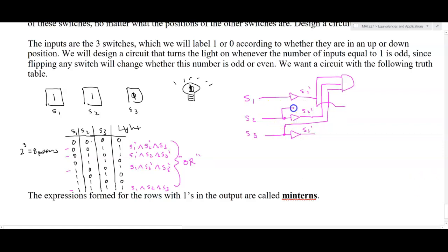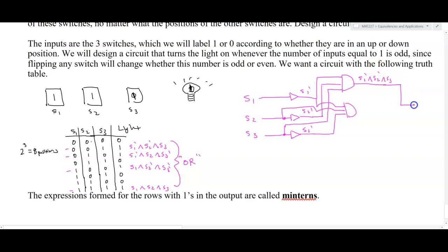And again, I'm going to drag that out over here. You can see it's getting kind of messy. Put that in there. And then I also want S3 prime, which is, thank goodness, the signal here, and AND those together. So what I'll get on this output is S1 prime and S2 prime and S3.